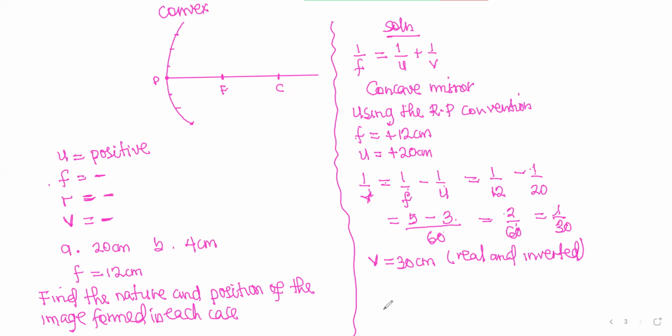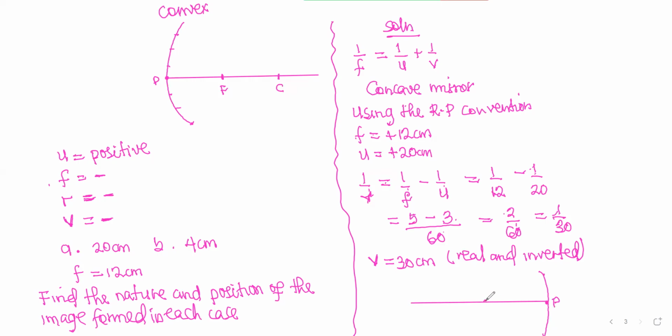Now, the position of the image is that once the image is real, it means that the image will be at the same side as the object at a distance of 30 centimeters from the mirror. So if we are to give a sketch, all measurements are taken from the pole.